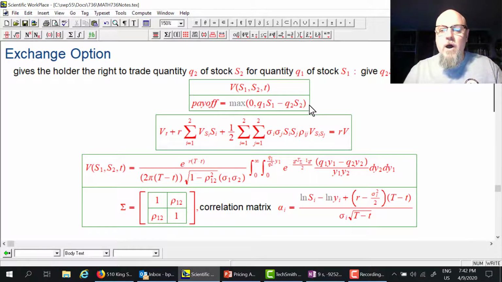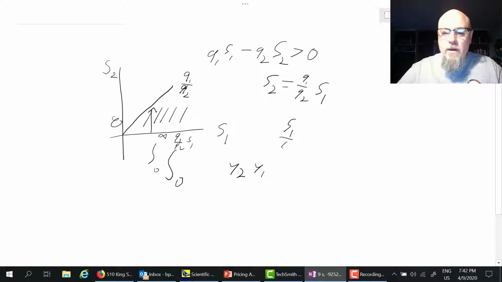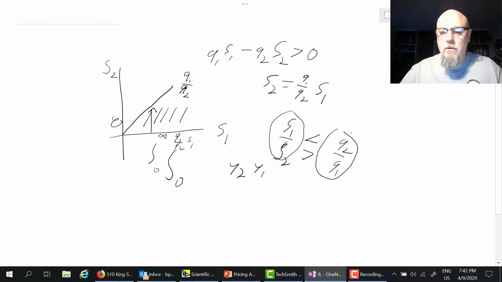Whether or not this piece is positive really comes down to whether S1 over S2 is bigger or smaller than Q2 over Q1, right? Is this ratio bigger or smaller than this value?